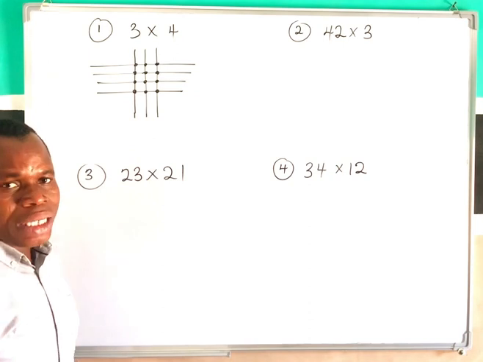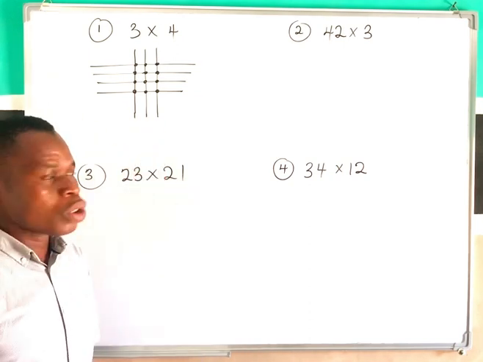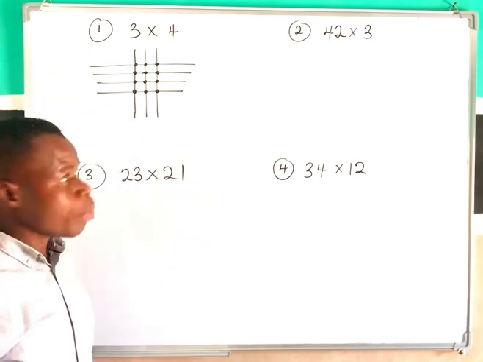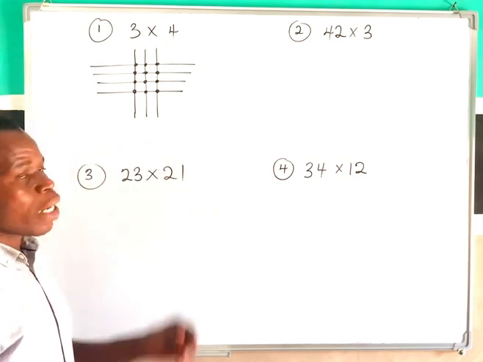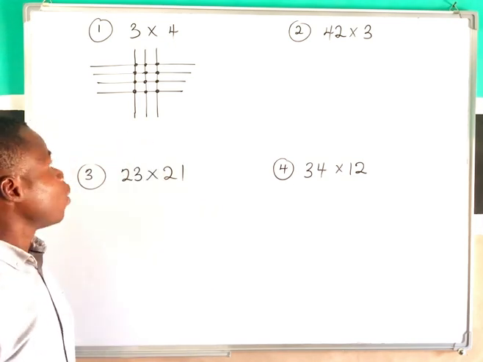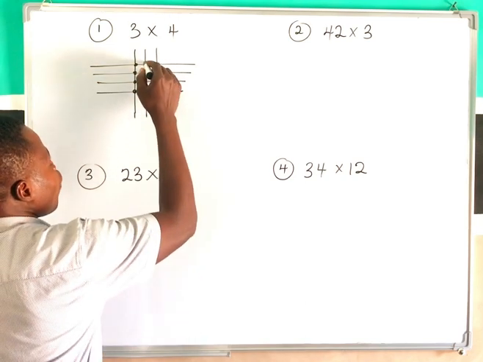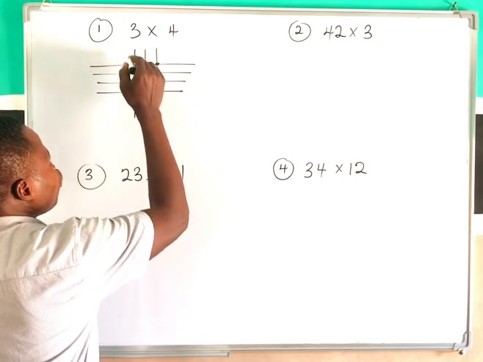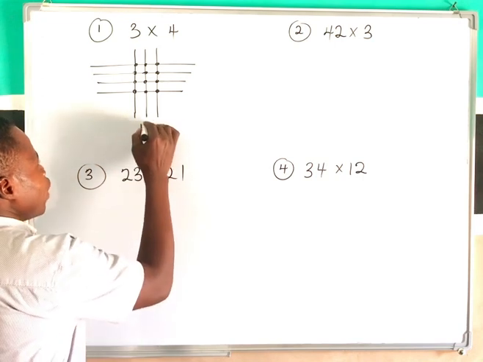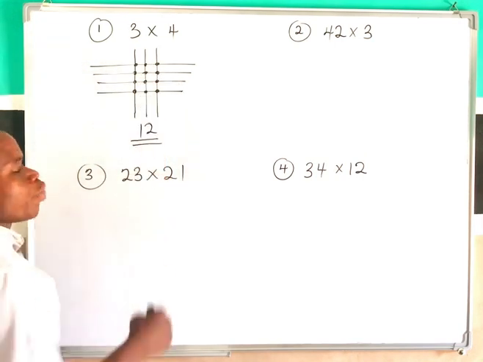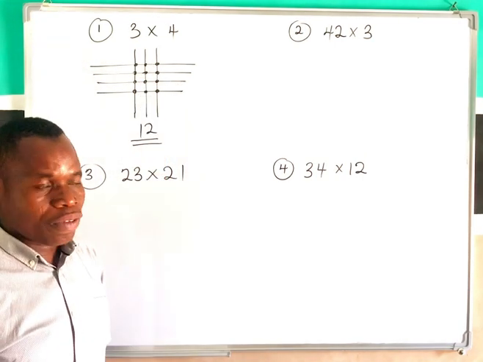Then after this, I will count the number of dots in this particular diagram. And the total number of dots in this diagram is the final answer. So let's count. 1, 2, 3, 4, 5, 6, 7, 8, 9, 10, 11, 12. So that means that 3 times 4 is 12.